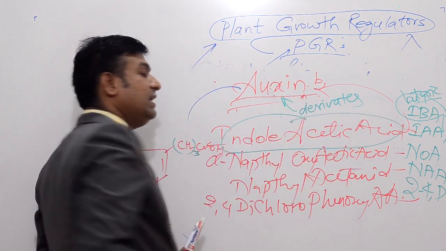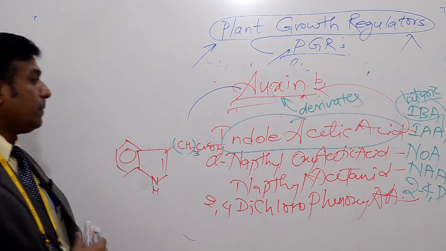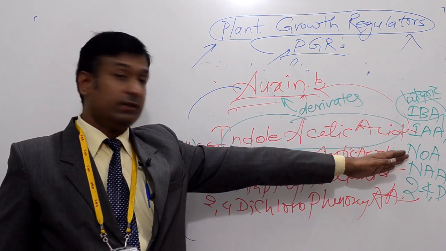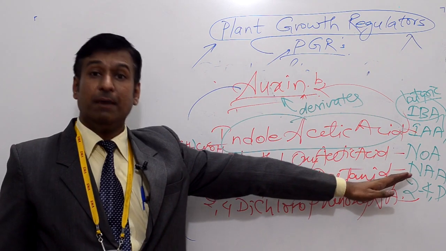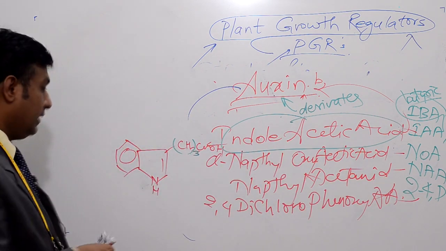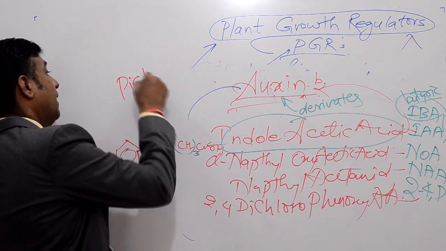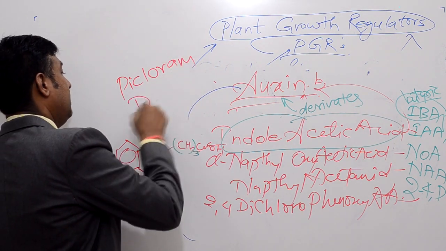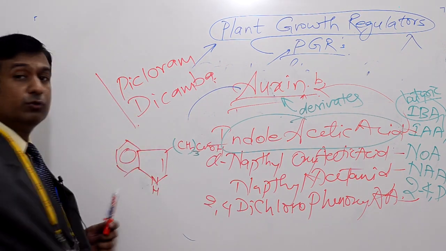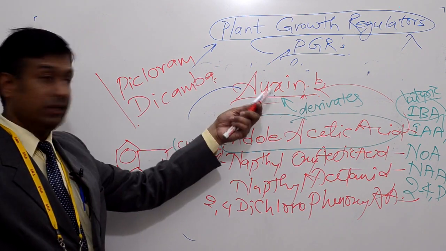Auxins are IAA derivatives. You can see the names: indole acetic acid, indole butyric acid, naphthyl oxyacetic acid, naphthyl acetamide, then 2,4-dichlorophenoxyacetic acid. There are certain other names also, picloram and dicamba. These are also plant growth regulators categorized in the auxin category.